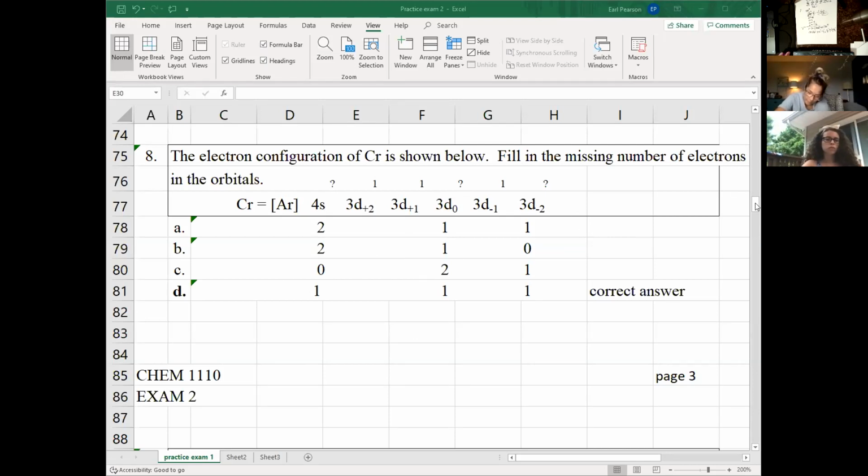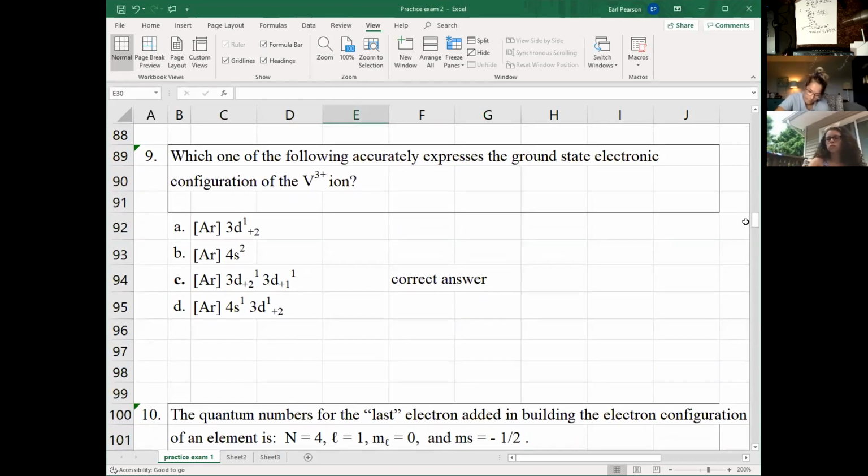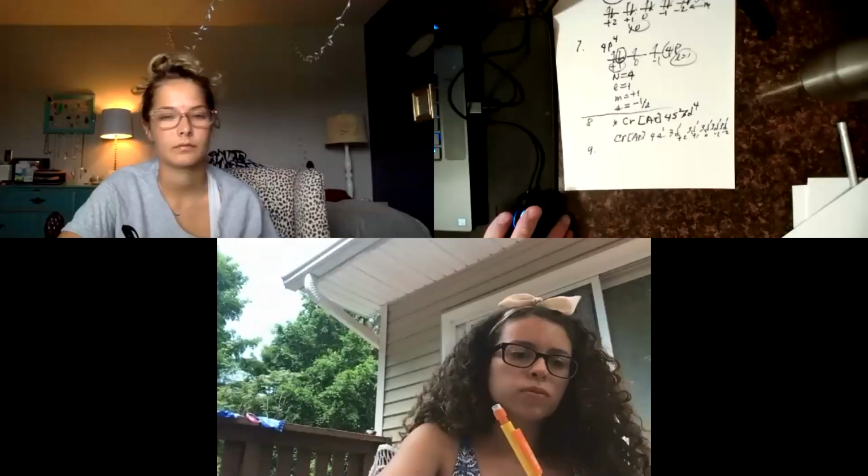Okay. Let's see what we're looking at next. Number 9, okay? And 9 is, we're looking for the ground electronic state of the vanadium plus 3 ion. Okay, let's go over here.